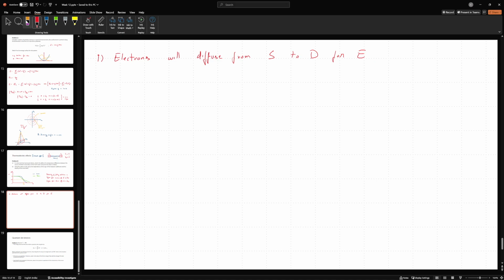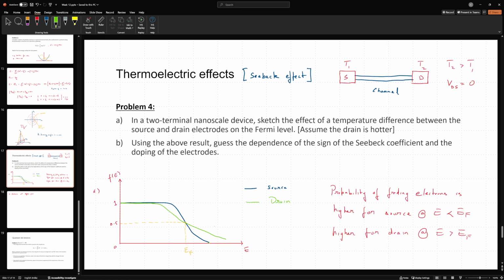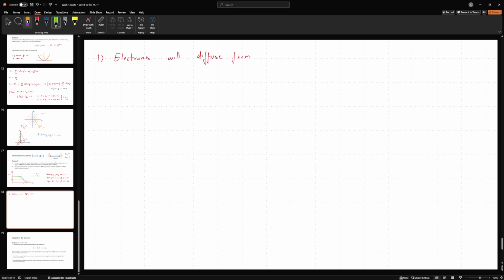I should have put it like this. Electrons will diffuse. Now see the electron concentration. So over here, instead of looking at the lower electron concentration, I can look at it as the hole concentration below the Fermi level. So it is higher for the drain at E less than EF, which implies, yes, I will write that first.